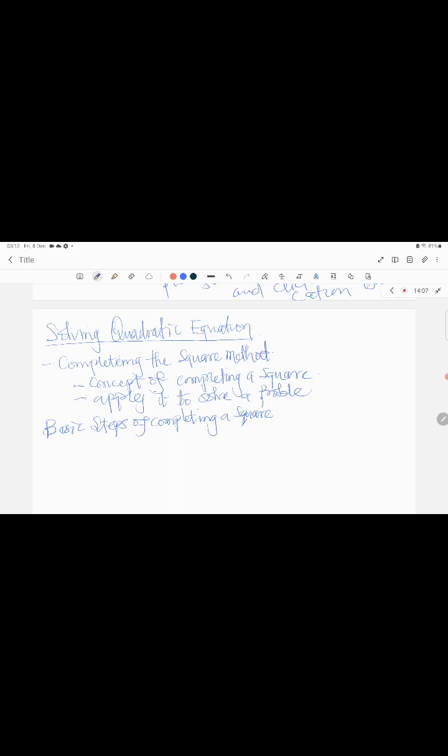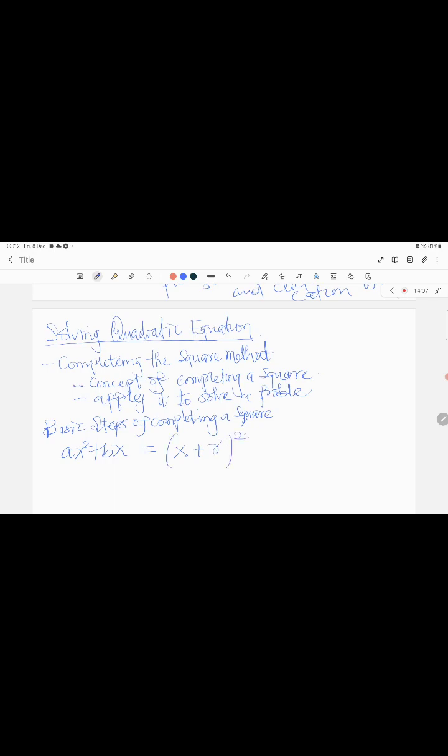When we have something written like ax squared plus bx, we want to write this in such a way that we have something like x plus some other stuff, let's say gamma, all squared.